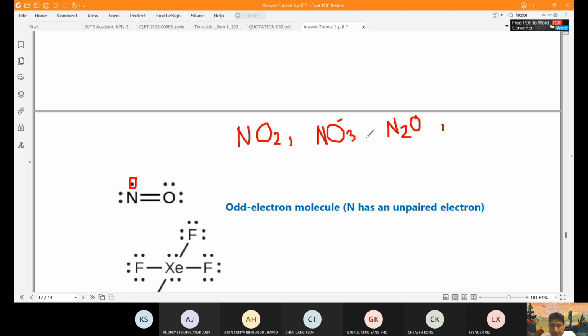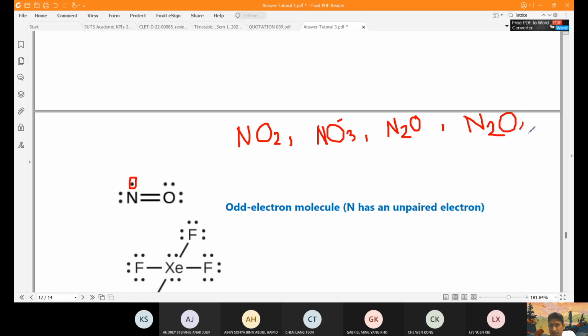So: nitric acid, nitrogen dioxide, the nitrate ion, dinitrogen oxide, and dinitrogen tetroxide, N2O4.